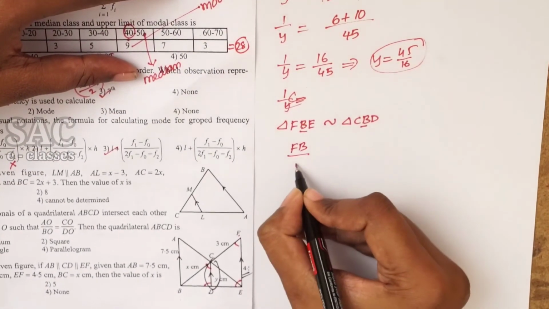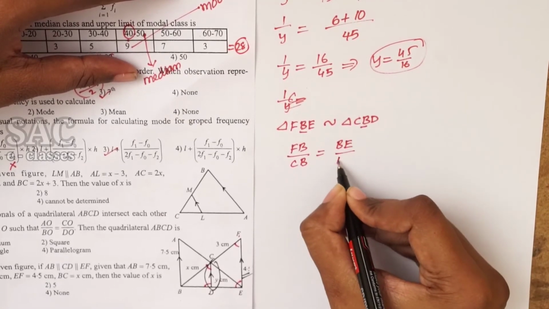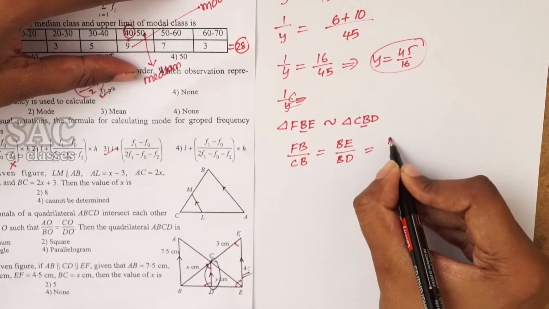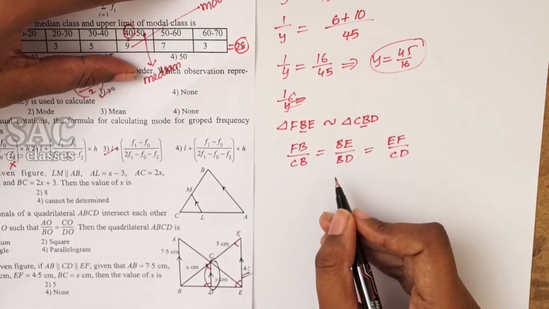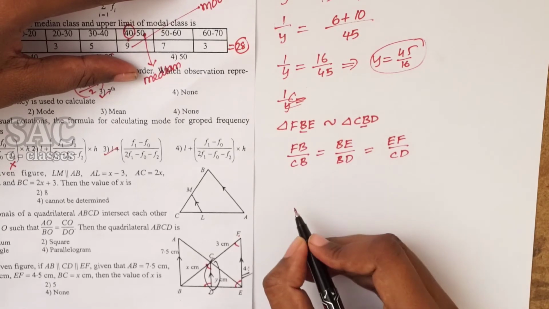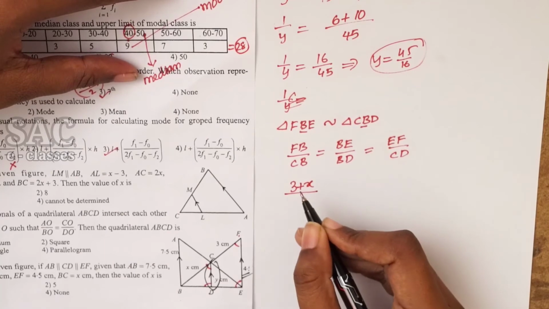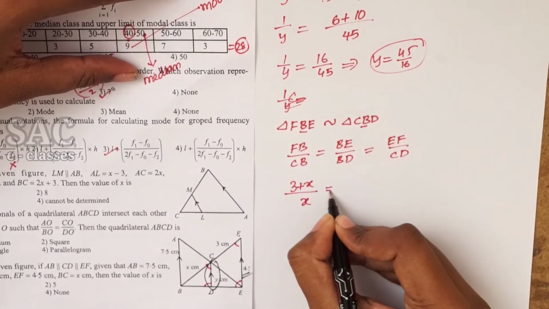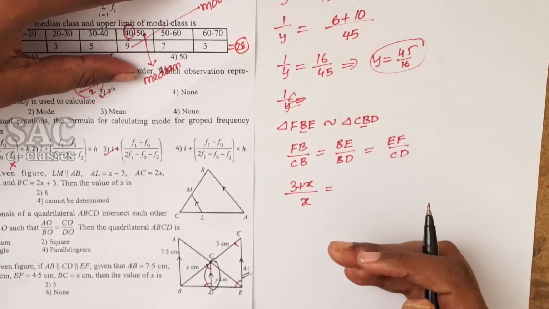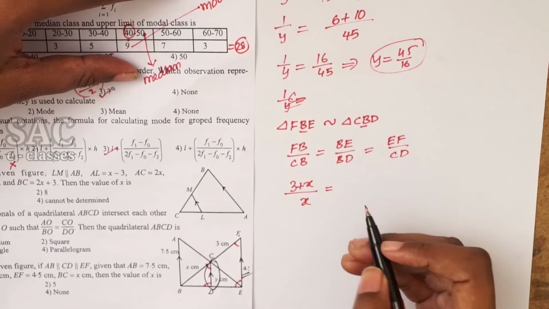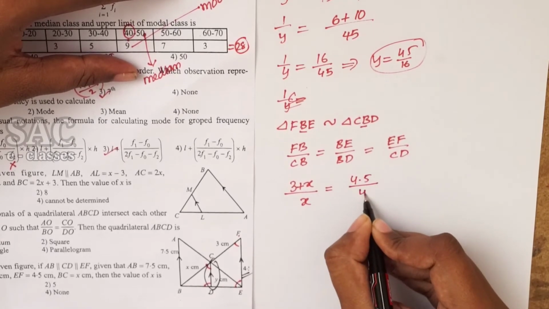FB by CB equal to BE by BD is equal to EF by CD. What is the FB value? 3 plus x by BC, which is x, is equal to BE by BD. We don't know that, but EF is 4.5 by CD, which is y.